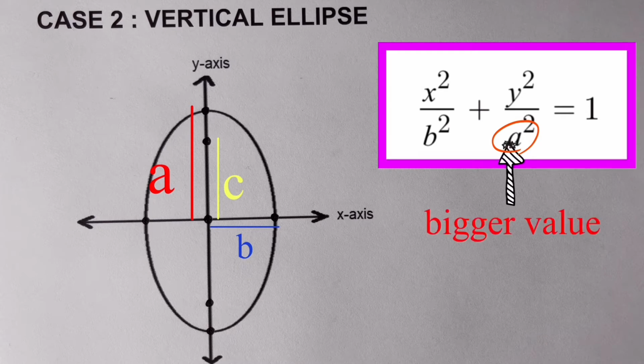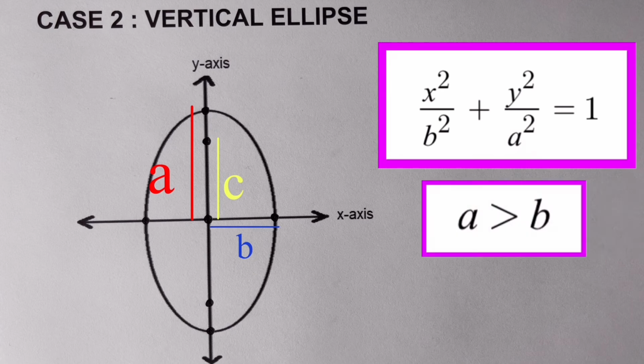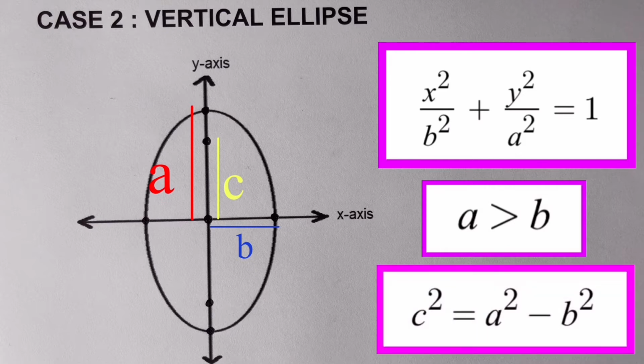This means that if the denominator under the y squared is bigger than the denominator under the x squared, we get a vertical ellipse. And we also remember that again, our A is always greater than B. Now to determine the length of C, we are going to use the equation c squared equals a squared minus b squared. So these are the parts of an ellipse, and these are the two cases of an ellipse.